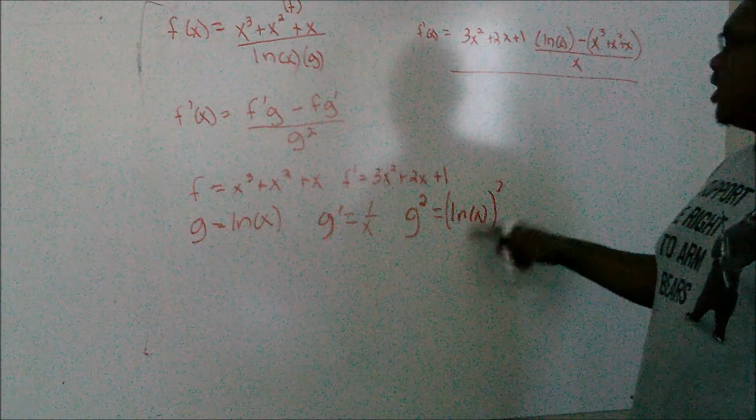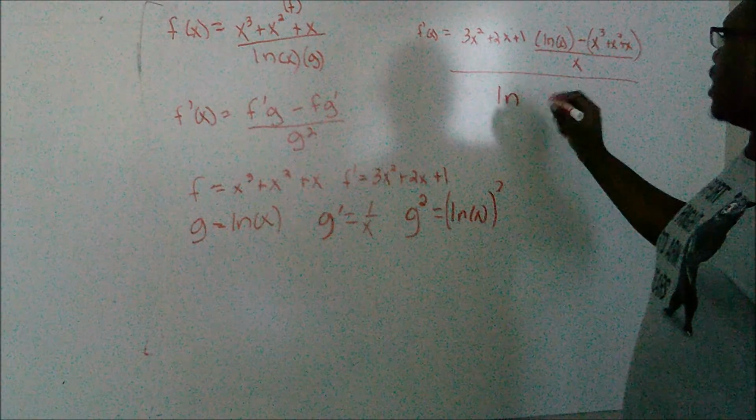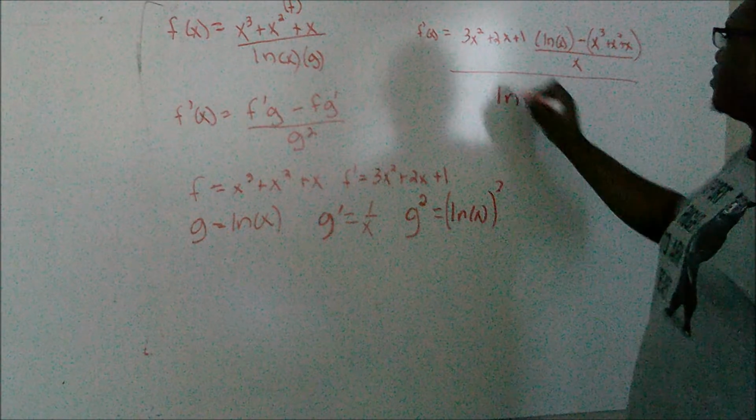So g squared we said was natural log of x squared, so all that divided by natural log of x squared.